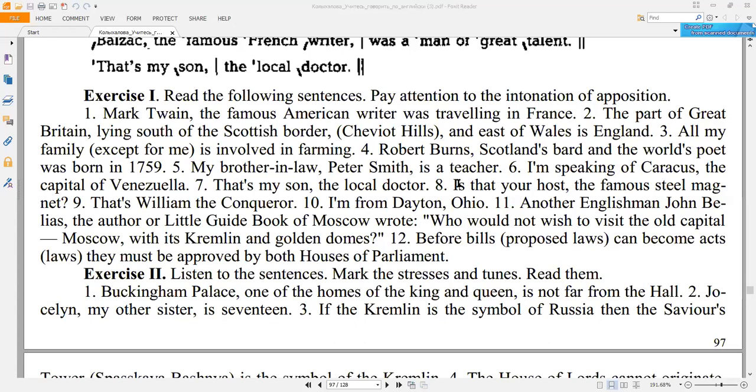Questions which begin with auxiliary verbs or modal verbs are called general questions, and general questions are usually pronounced with the low rising nuclear tone. Is that your host, the famous steel magnate? So here low rise plus low rise. Okay, the next one, please.